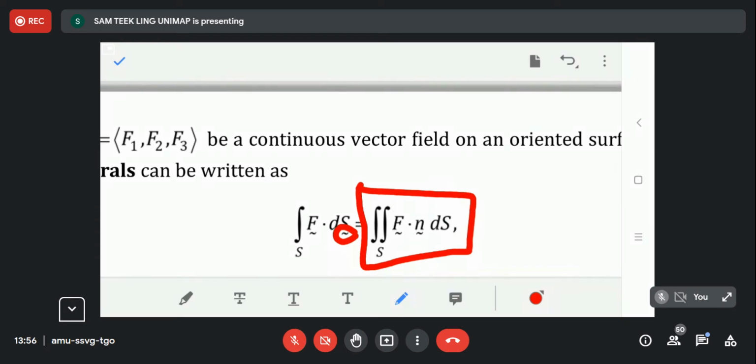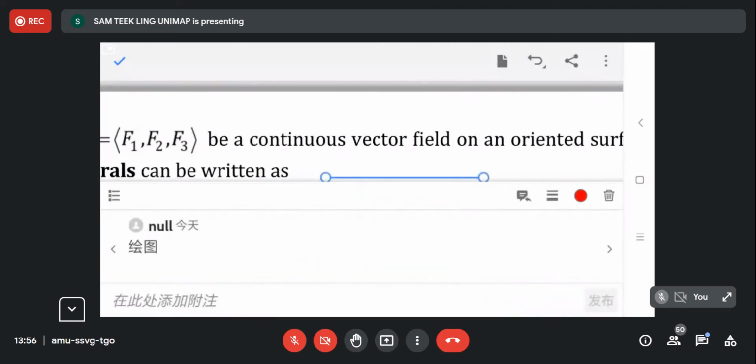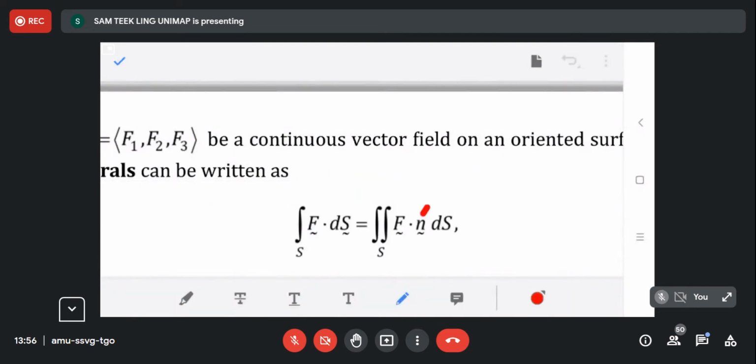So for surface, F dot n dS. Sometimes the question will give you F dot dS, so you need to change it to F dot n dS. We don't want your S in vector. Then also your n, this n is a normal vector.